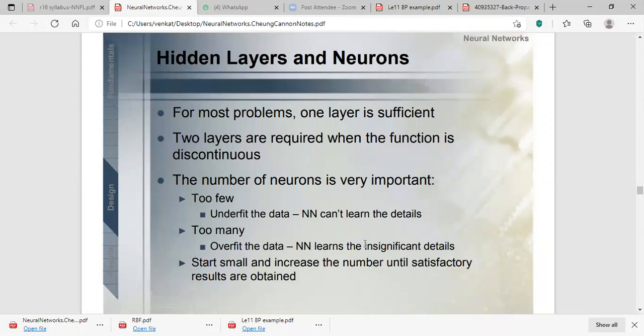So if the number of neurons is very less, the neural network cannot learn the complete details of your input data. If there are more number of neurons, the neural network may contain insignificant details. So sufficient number of neurons are to be selected. That is very important.